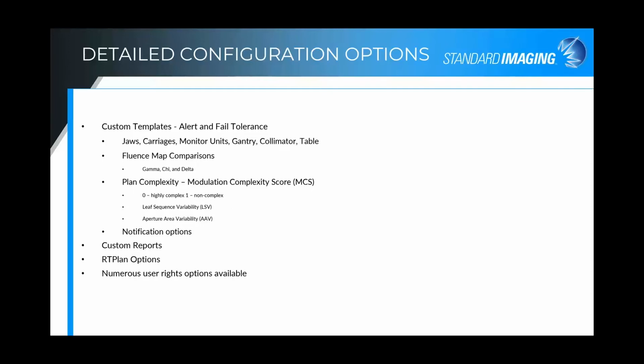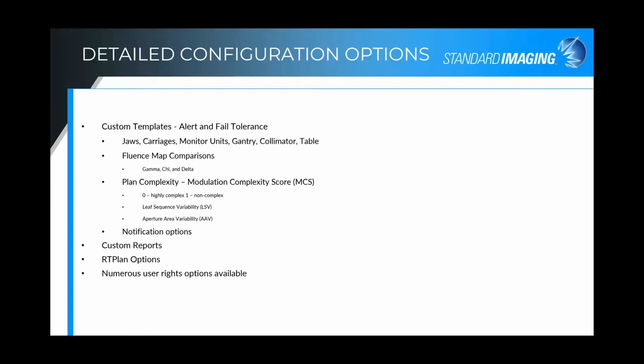And of course, these alerts can be based on specific parameter tolerances, jaws, and the gantry, collimator, table positions, or of course the fluence map comparisons. And we do allow comparison using gamma, chi, or delta.